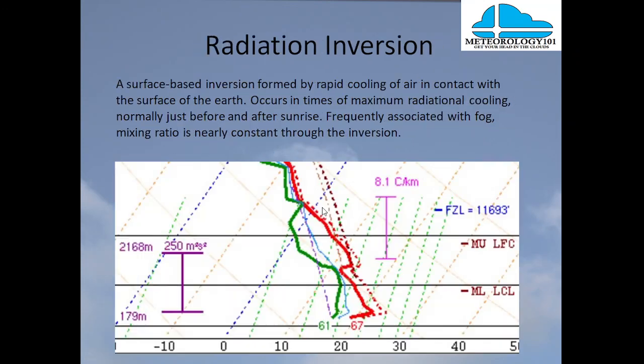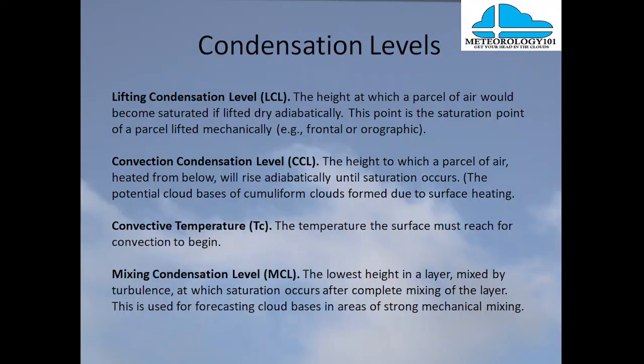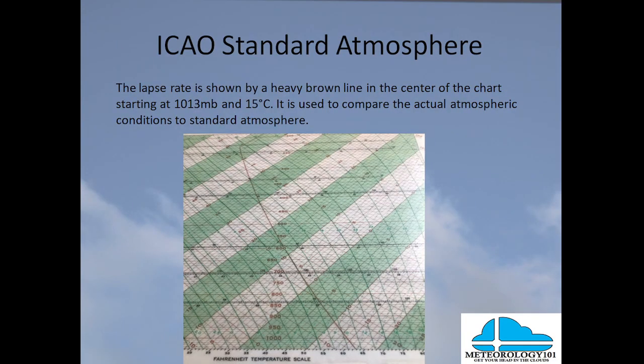Let me go all the way back to the top. So there's the best picture I have right now of a Skew-T. That's an actual Skew-T I have. There's your Fahrenheit temperature scale, labeled in Fahrenheit, and they're also labeled in Celsius, so you can convert pretty easily.